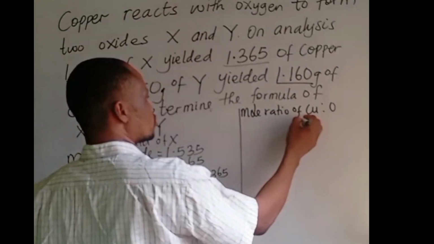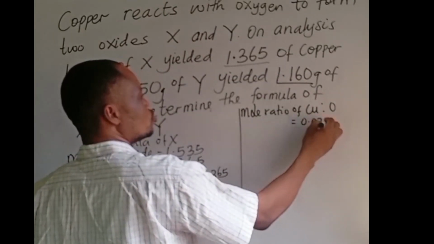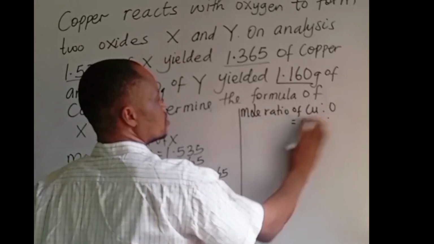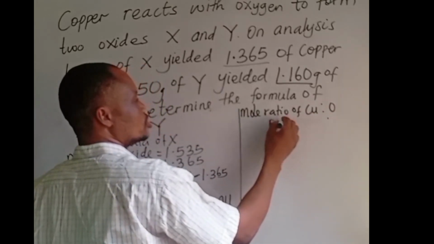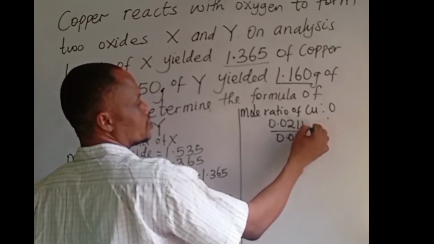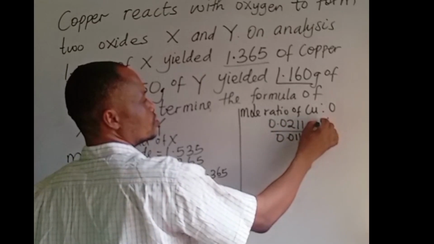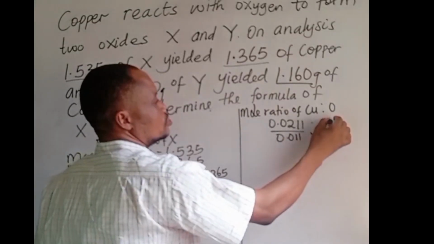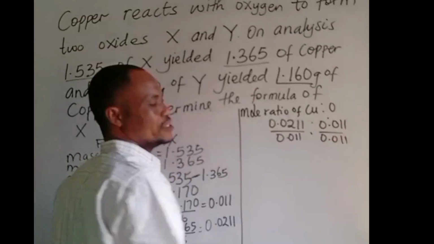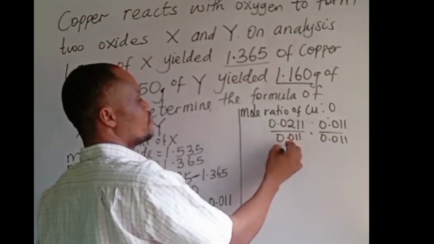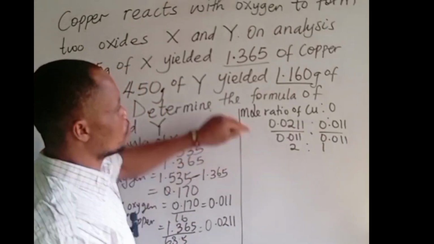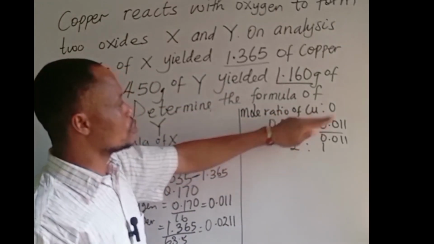That is 0.0211 over 0.011, and 0.011 over 0.011. Okay? So this will give us 2:1. So copper is 2, oxygen is 1.